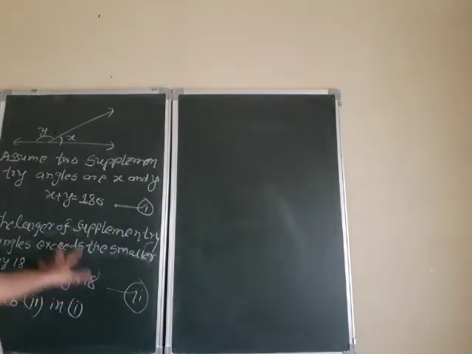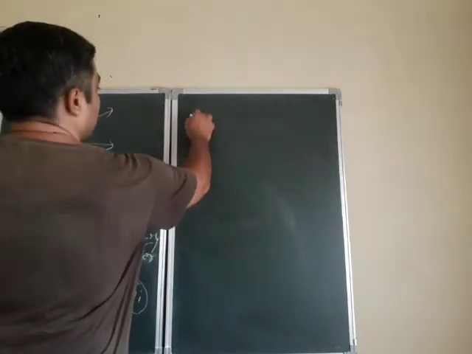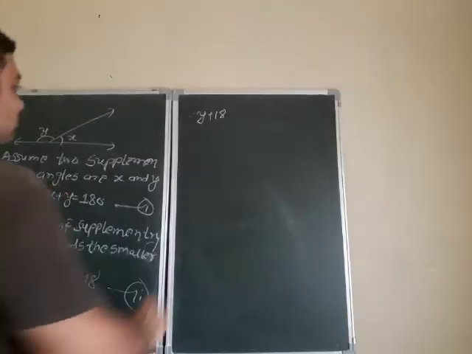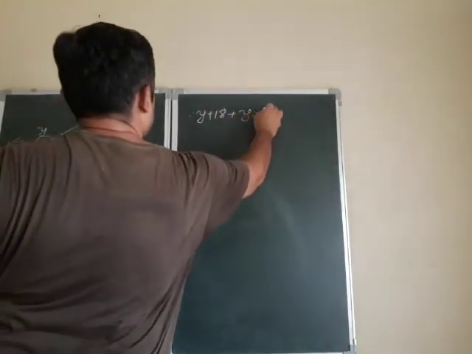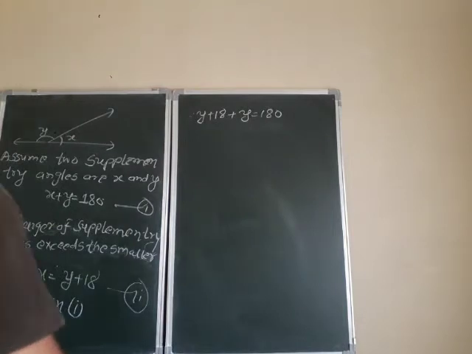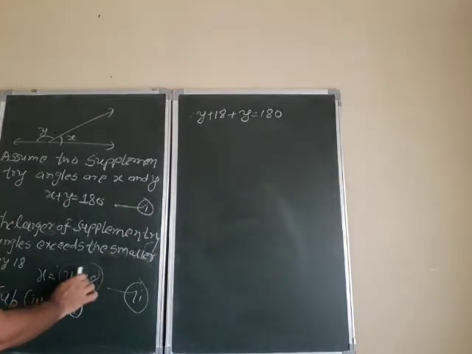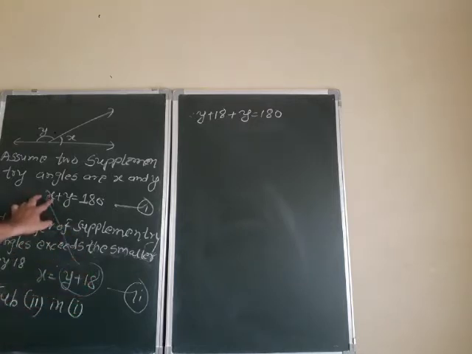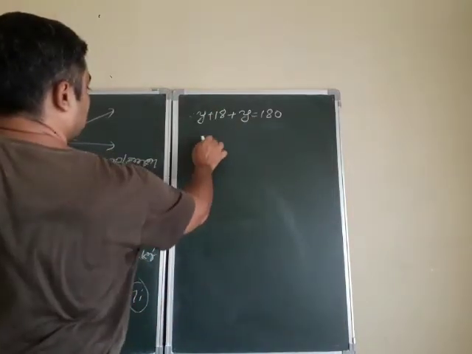So x is y plus 18, that I substitute here. So I will get y plus 18 plus y, and that is equal to 180 degrees. Am I right? I am replacing this value of x here. This x I am substituting here. Clear? So y plus 18 is here.